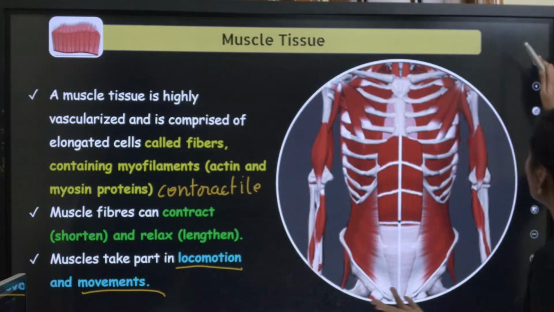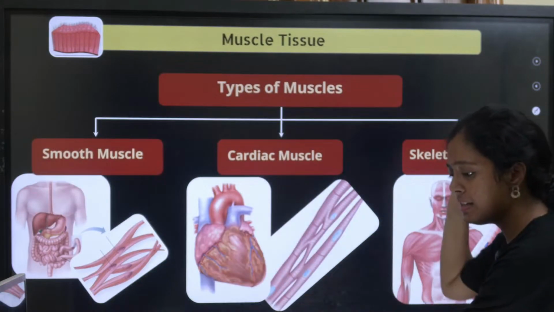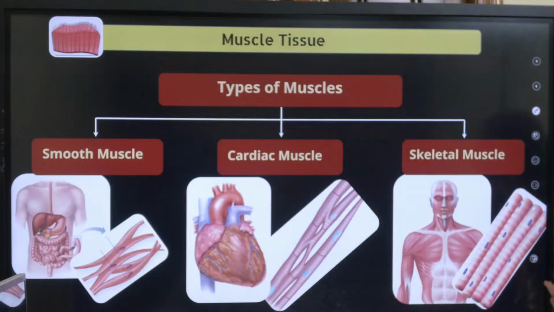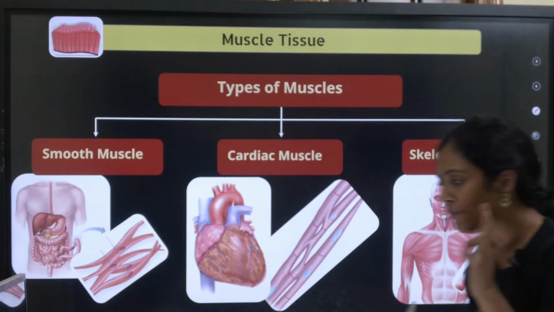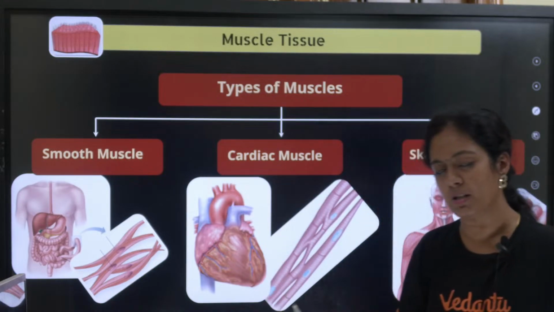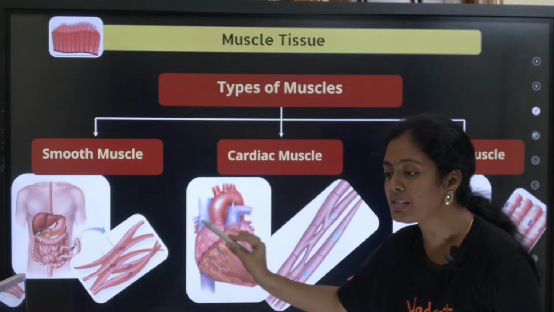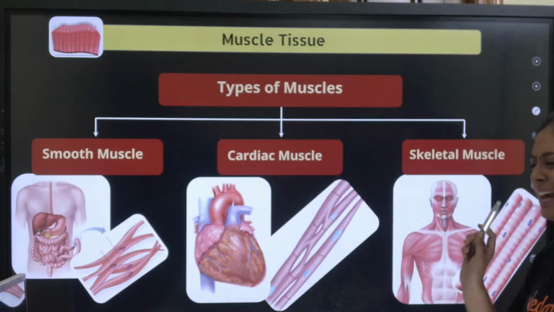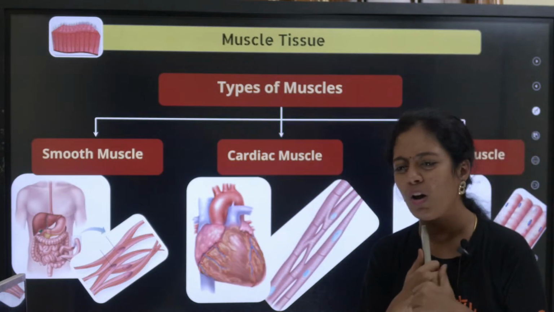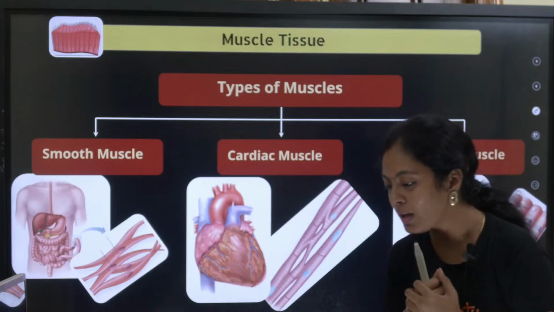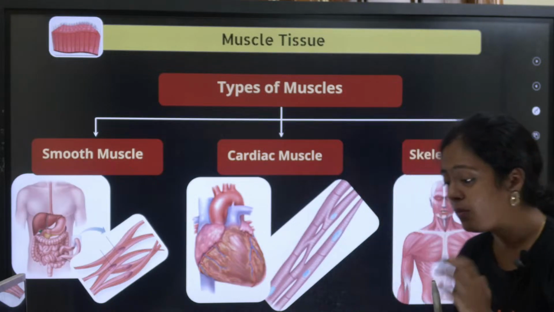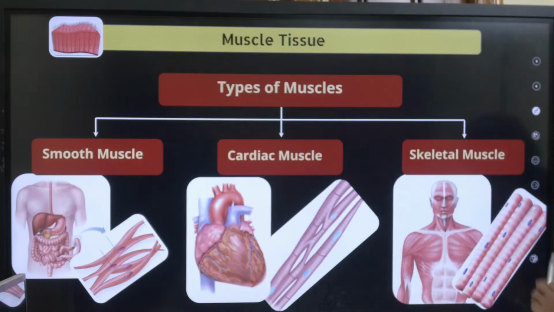Okay, there are three different kinds of muscles: smooth muscle, cardiac muscle and skeletal muscle. Okay, these are the three important kinds of muscle, guys. Among these three, can anyone tell me which are involuntary and which are voluntary?